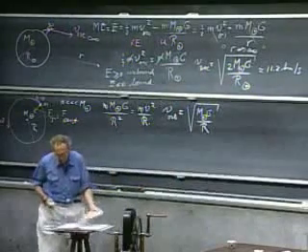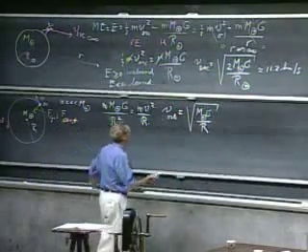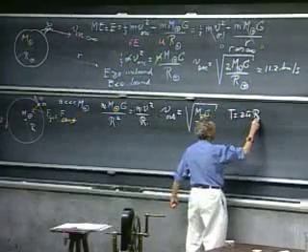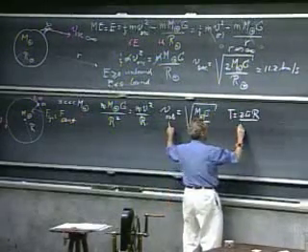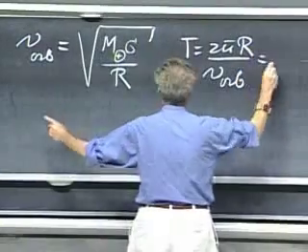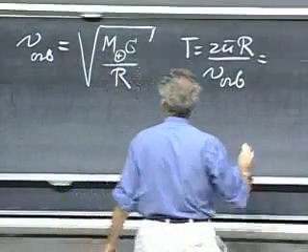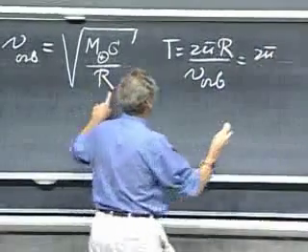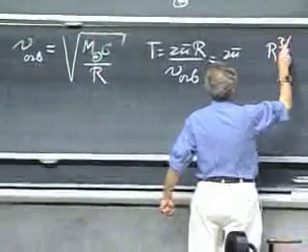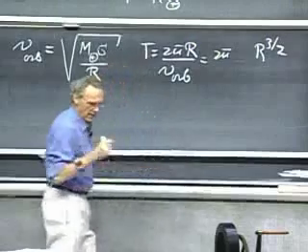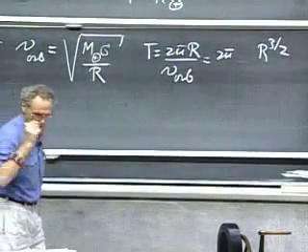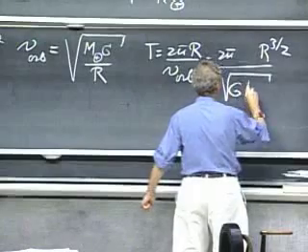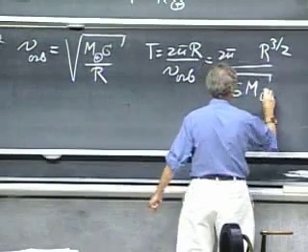And so the period of going around in the orbit, T, equals 2 pi r divided by the orbital speed. When you do that, you get 2 pi times r to the power 3/2, and downstairs you have the square root of G M Earth.